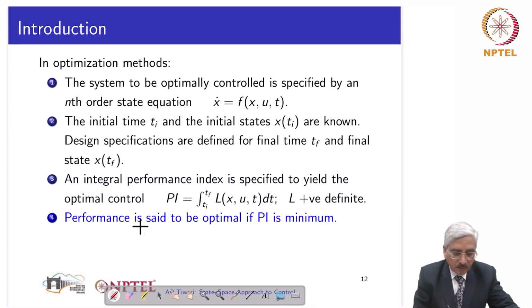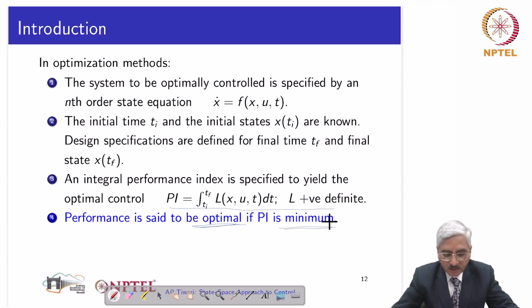And the performance is said to be optimal if this Pi is minimum. When this performance integral achieves its minimum value, the performance is said to be optimal.